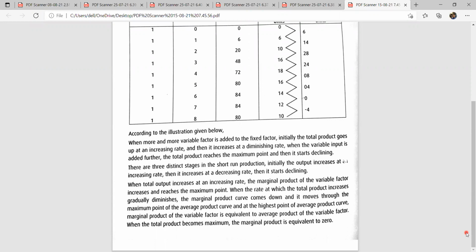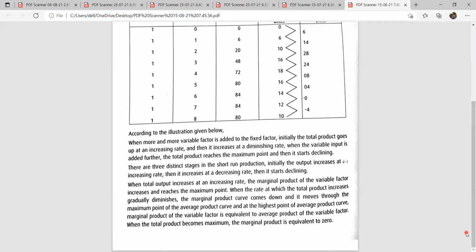So this theory cannot be changed by considering certain things we come across in the practical world. We construct such a model by using assumptions, so this theory should be followed. It says there are 3 distinct stages in short run production.